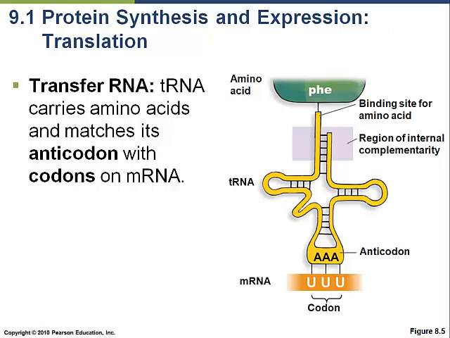The other side of the transfer RNA molecule contains an amino acid binding site, and so each piece of transfer RNA binds to a particular amino acid, and depending on which anticodon that piece of transfer RNA carries, the transfer RNA will bind to a particular site in the messenger RNA, a particular sequence, a particular codon that is, and deliver an amino acid that's appropriate for that codon. So hopefully that'll become more clear in a moment, but for the time being, just remember that transfer RNA has two sites. On one end it carries an amino acid, and on the other end it binds to messenger RNA.